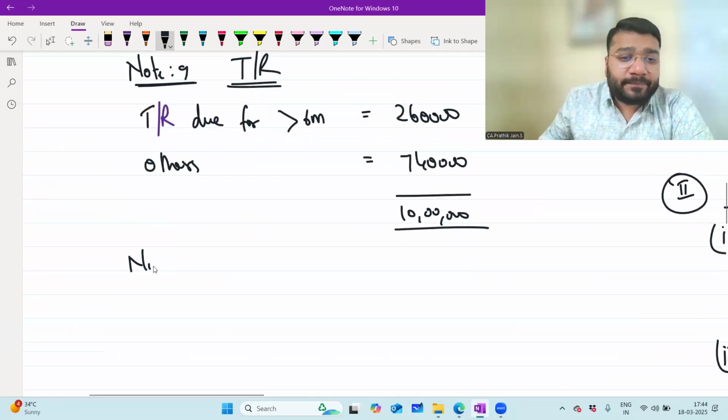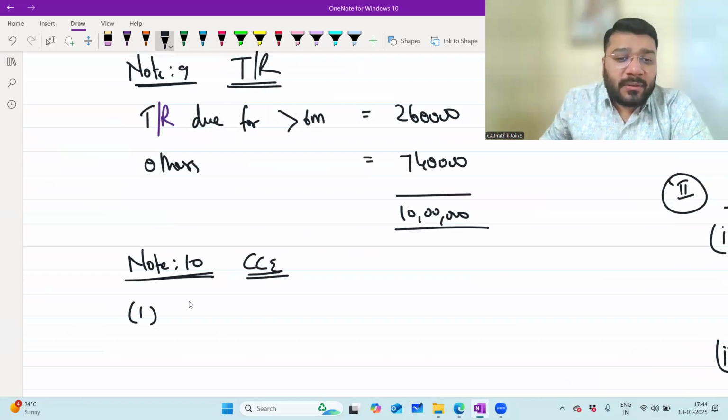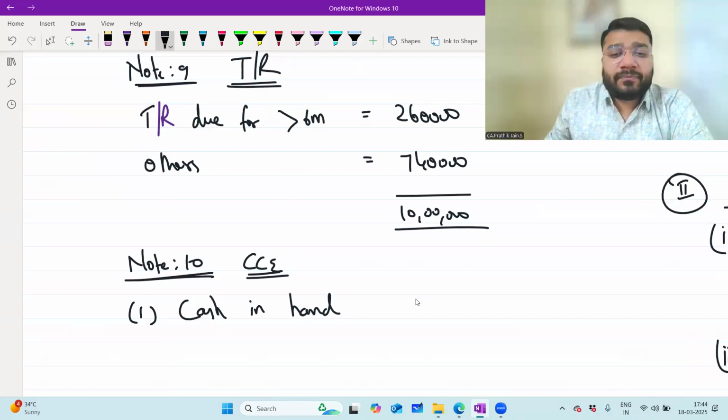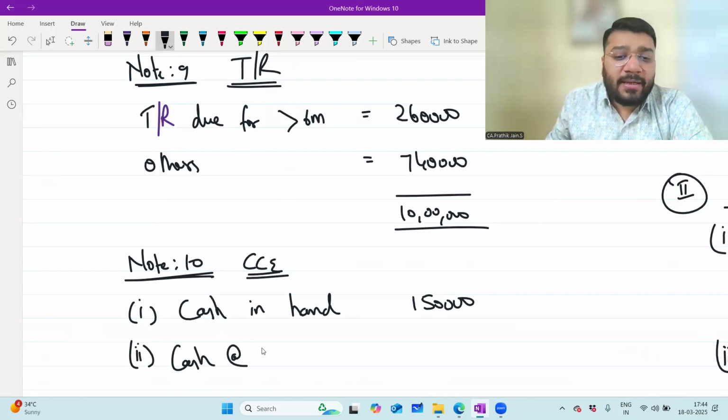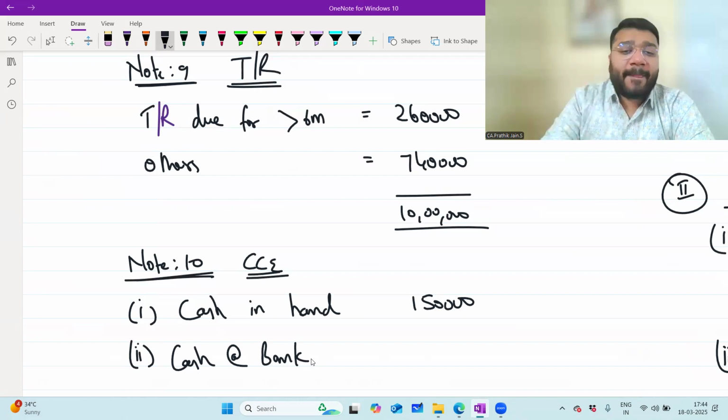Note 10. The first item is cash in hand. How much? 1,50,000. Second, cash at bank.